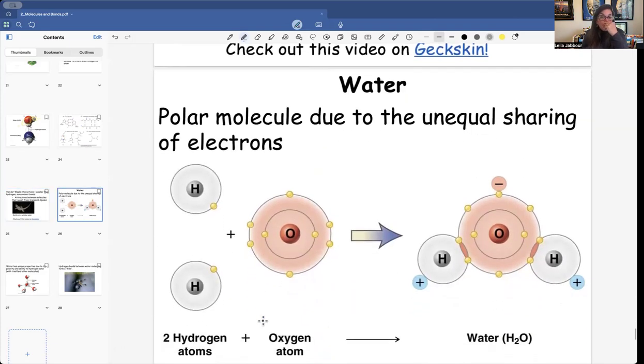Water happens to be a polar molecule with the oxygen spread out like that, grabbing one hydrogen on one side and one hydrogen on the other side. It's going to take those 2 electrons that it needs. So there are going to be bonds here where those 2 electrons are now shared equally.